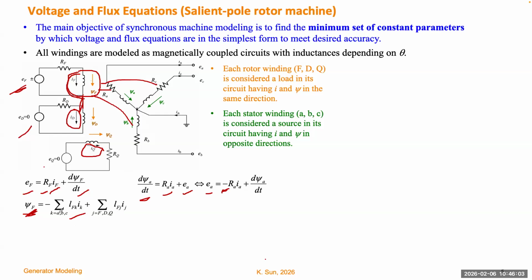So such a product will have either a positive sign or a negative sign in front. A negative sign will be the coupling with the stator winding, because for the stator winding, we define the current to be opposite to the flux linkage.